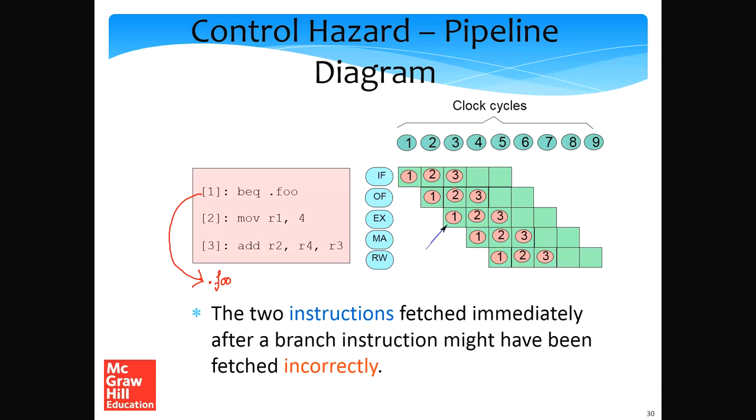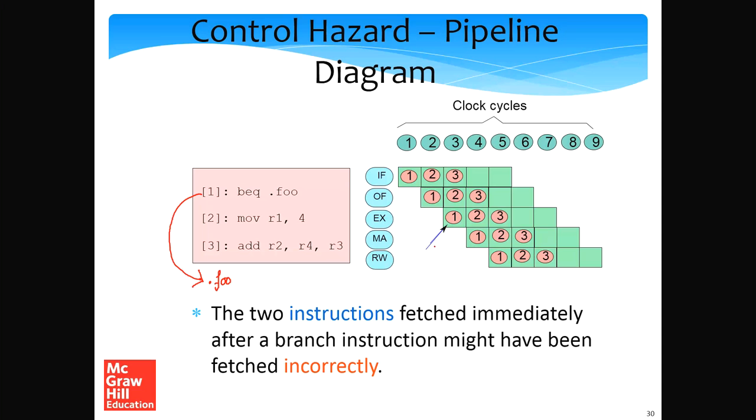Now when I draw the pipeline diagram, in cycle number 1, instruction 1 enters the IF stage and it will continue. Instruction 1 essentially does not stop. Every subsequent cycle it moves from one stage to the other.